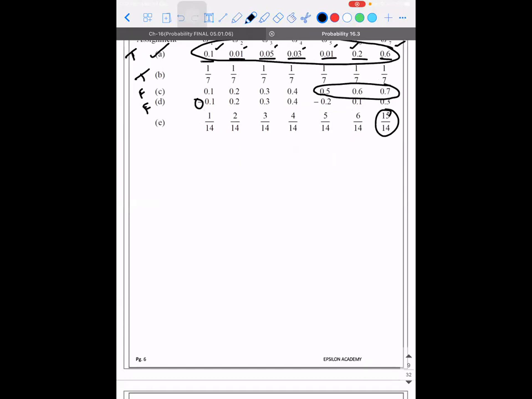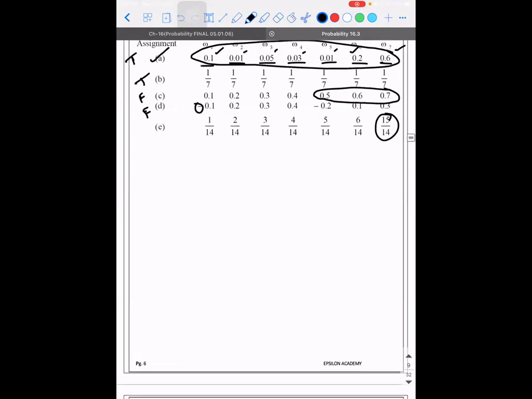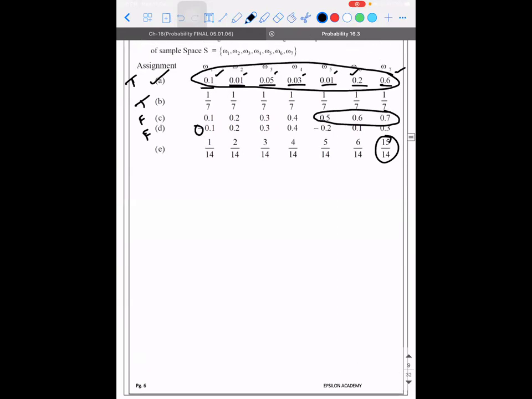In the third one, we have to say that the sum of probabilities is greater than 1. In the fourth one, since the probabilities for omega 1 and omega 5 are negative, that is not possible. For the fifth one, since the probability for omega 7 itself is greater than 1, it is also not possible. So that is the reason.